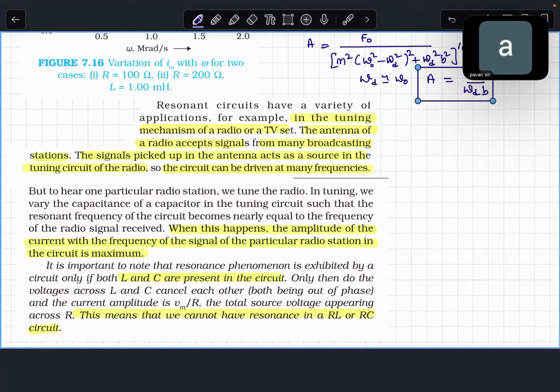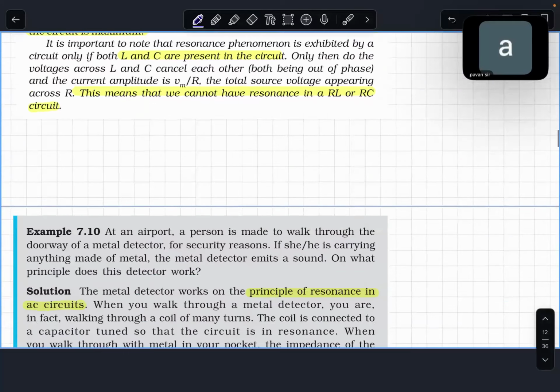Any oscillator, any EM wave emitting source must have such an arrangement. Only then you can change that. Okay, right. So you cannot have resonance in an RL or RC circuit. It means you can expect theory questions like this.